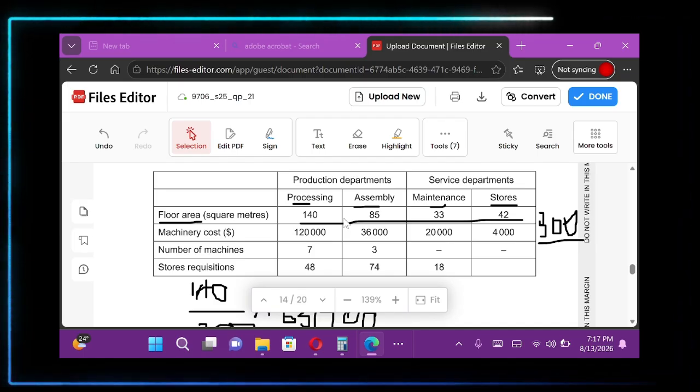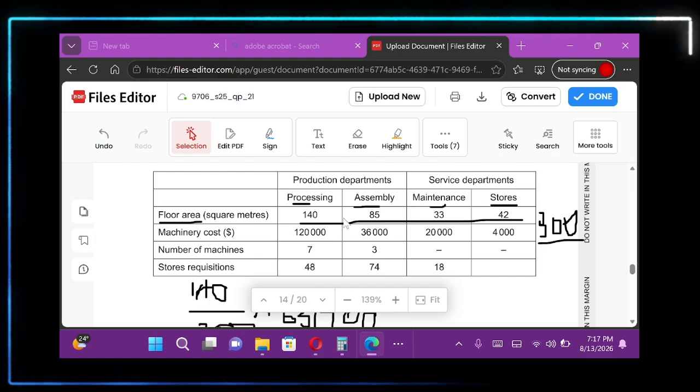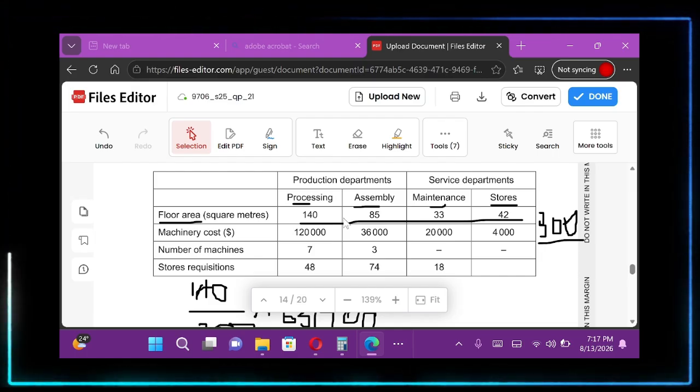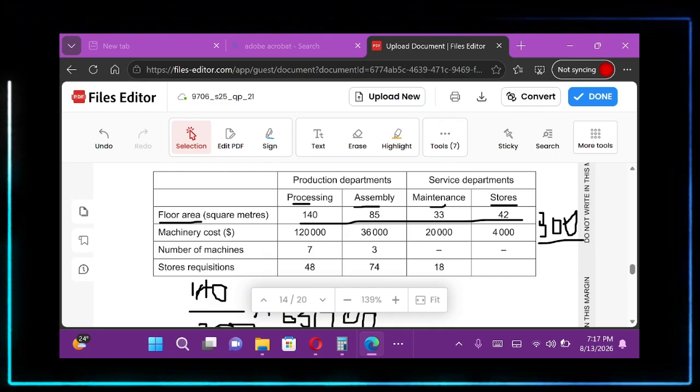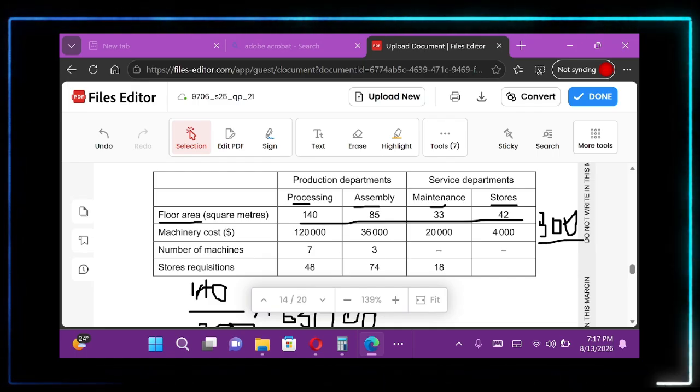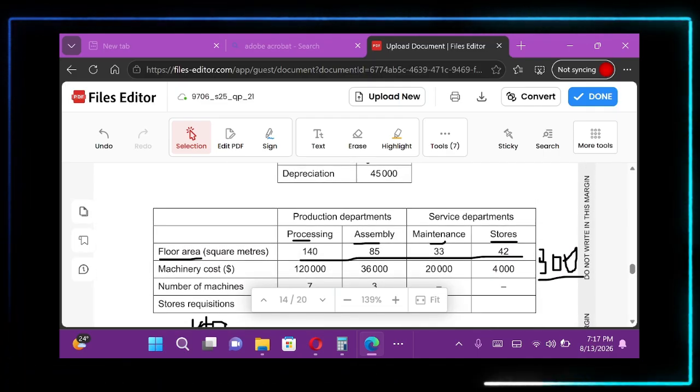For example, maybe you have a machine which you've had for like 4 years. Obviously, it's not going to be as new as it was when you purchased it. It will decrease in value. So that decrease in value is depreciation. And appreciation is an increase in value. So that's how it is.